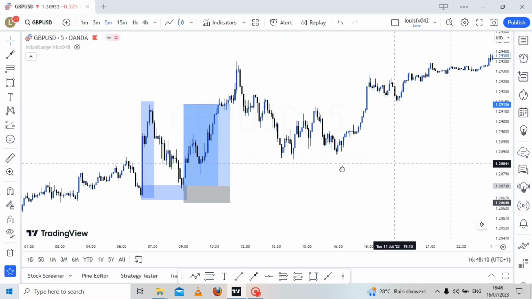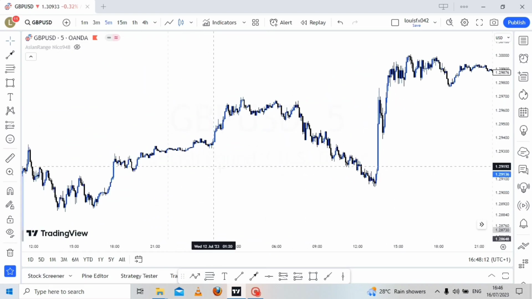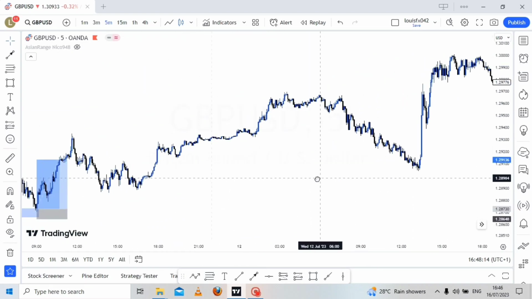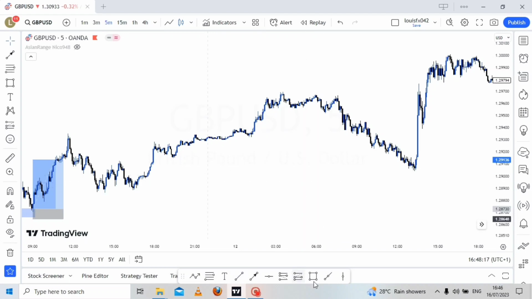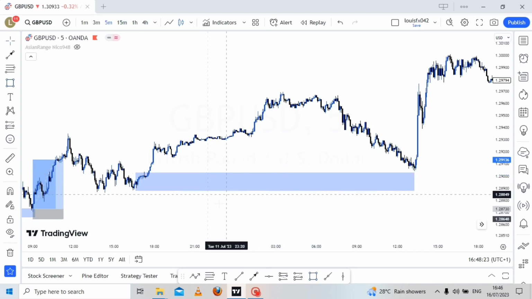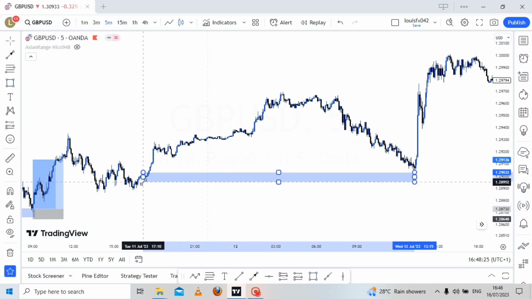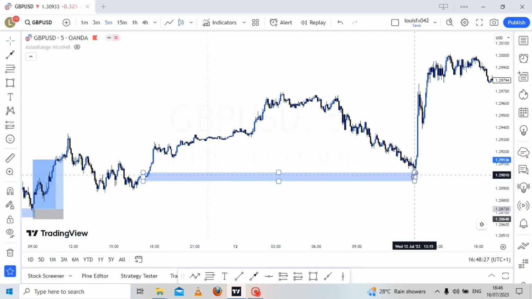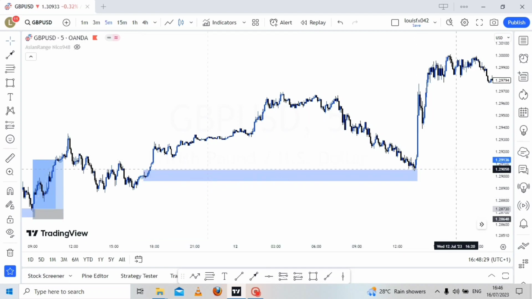This thing is not something too complicated. You can see more levels were also created here. More levels were created here.